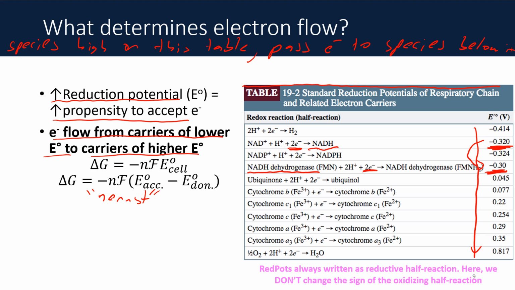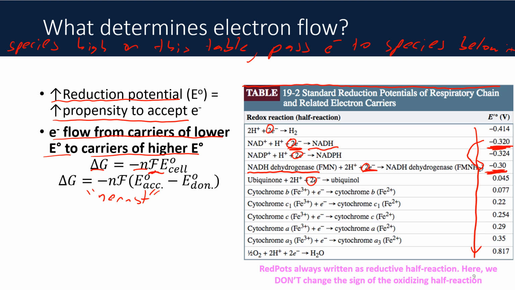It is going to boil down to delta G equals negative N, which is the number of electrons being transferred, which you can get from these coefficients over there. This fancy F, which is the Faraday constant, doesn't really matter what it is, it's just a big number.